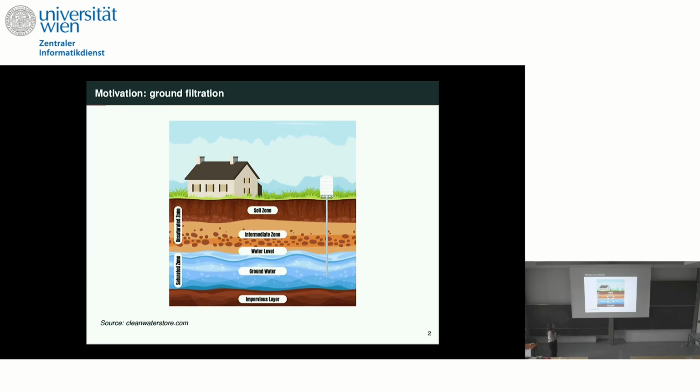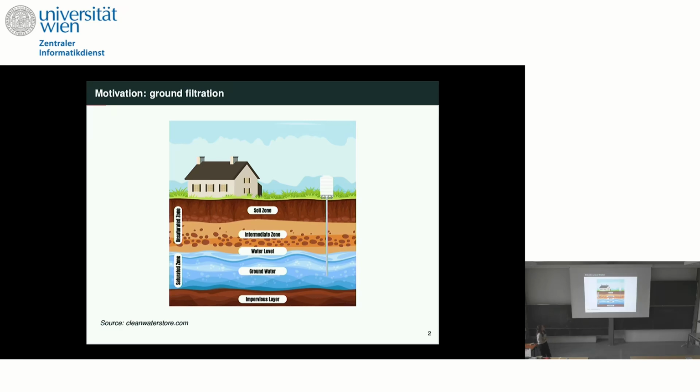So how it works is it rains, the water travels through this region, which is mostly made of sand and gravel. It travels through these porous spaces until it reaches this saturated zone. Here the medium cannot absorb more water and it's completely saturated. So we have these two regions, the unsaturated and the saturated one.